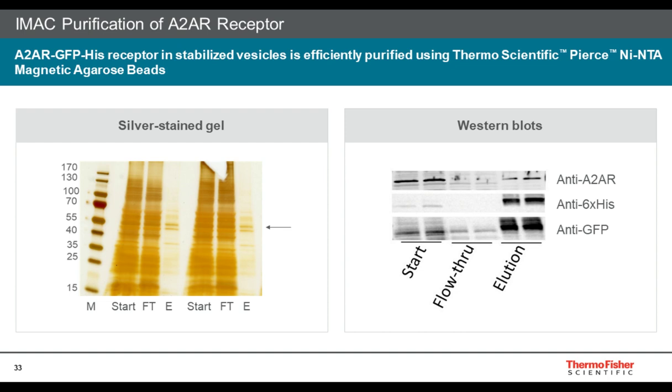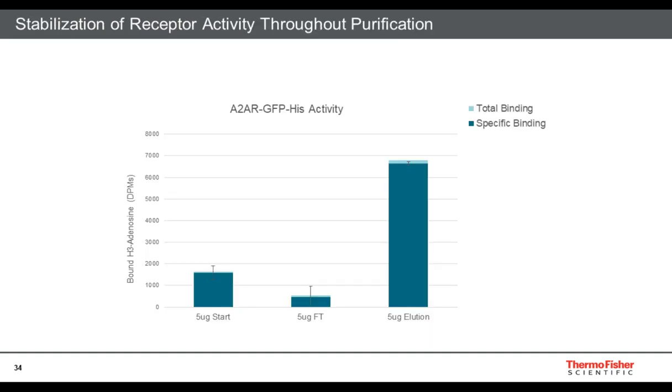Western blots on the right show good binding and elution from the nickel NTA magnetic agarose beads, whether you're detecting with the A2AR antibody itself or an antibody against the GFP or the His tag. The silver stain on the left shows overall purity and the residual contaminants that remain.